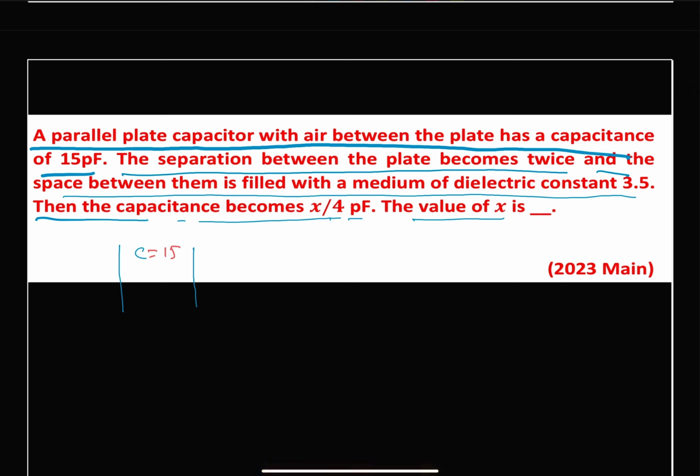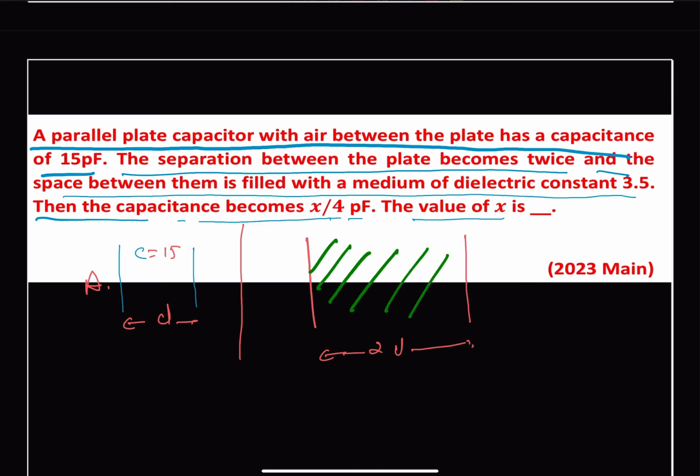In the second case, let us suppose the separation between the plates is D and the area of the plate is A. In the second case, the separation between the plates is increased, that is now double, so this becomes 2D, and the space between them is filled with a dielectric whose dielectric constant K is given as 3.5.